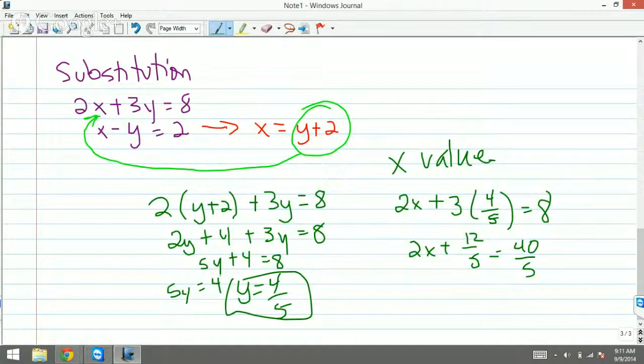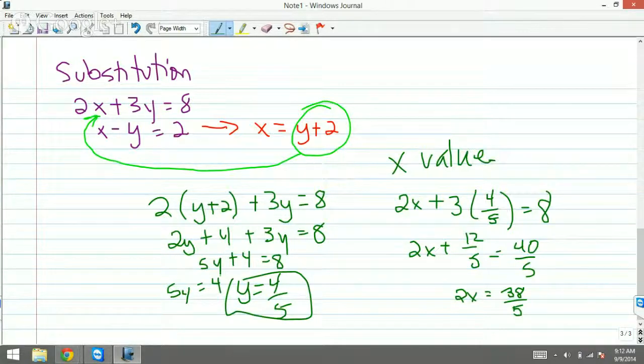So if I make 8 into a fraction, that's 40 over 5. Subtract 12/5. Okay, so 3 times 4/5 is 12/5. 3 times 4 is 12 over 5. 8, if I put it in fifths, is 40 over 5, yeah?